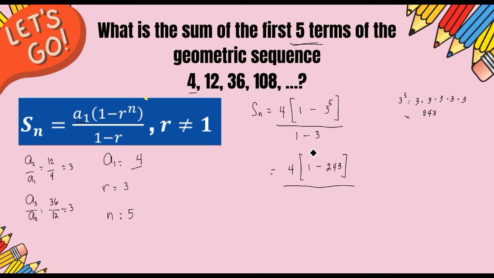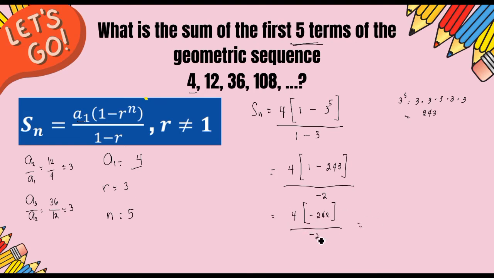So, applying the rules in integers, that is equal to negative 2. Then, we will have 4 times the quantity 1 minus 243 is negative 242. Again, applying the rules in integers, over negative 2.